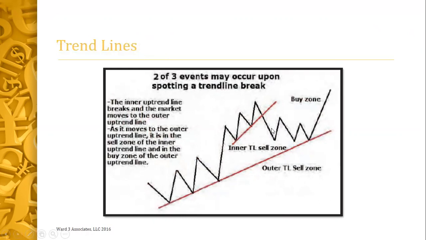A lot of times on setups like this, people see two different types of signals. A lot of people say, hey, go short, which they'll be correct. A lot of people will say, hey, no, we're going to go long, which they'll be correct as well. It just depends on when they're getting in.